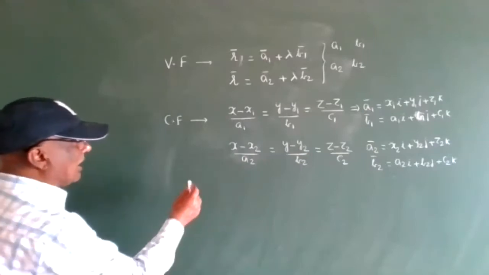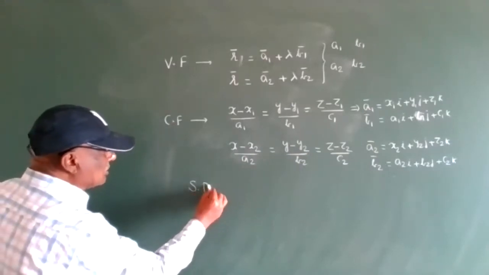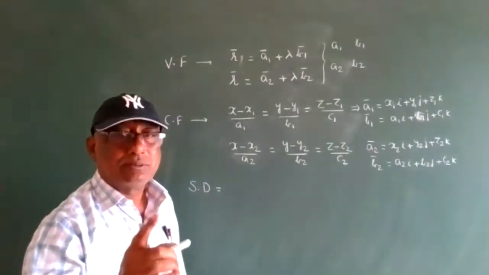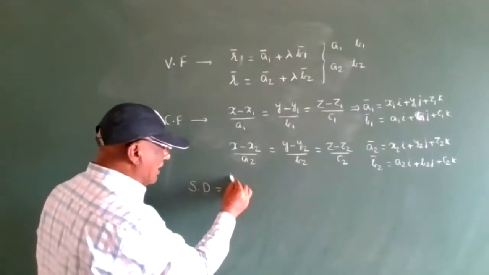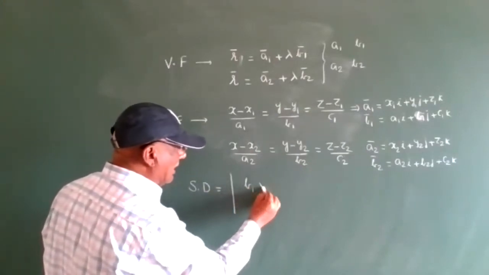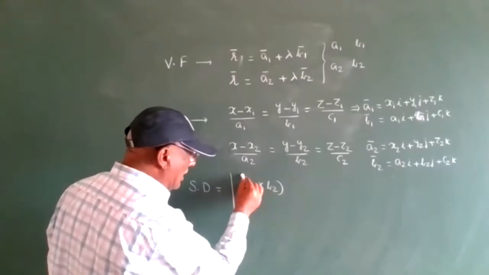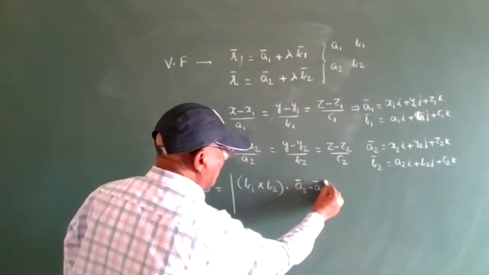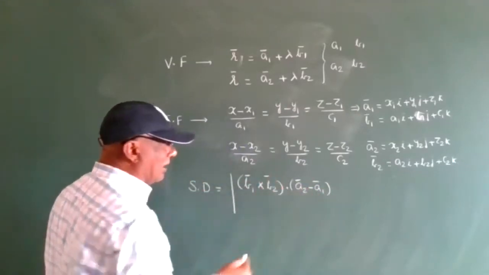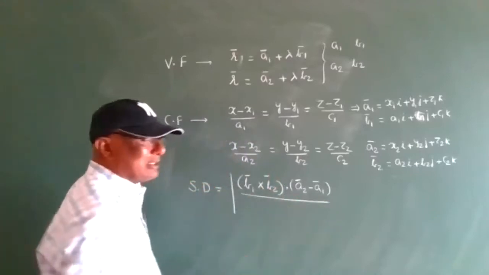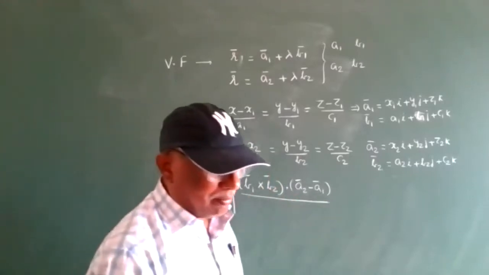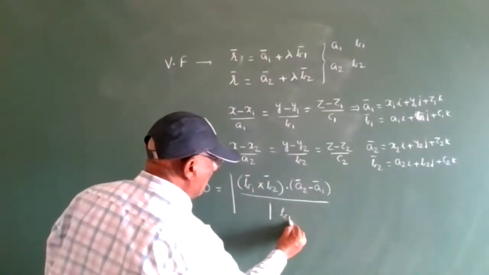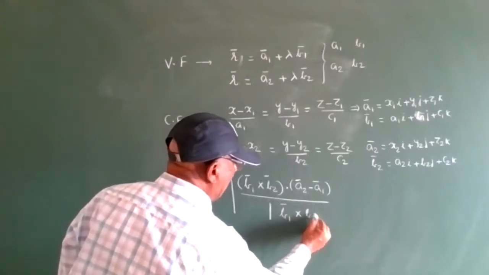So now, what is the shortest distance? The shortest distance formula is the modulus of (B1 bar cross B2 bar) dot (A2 bar minus A1 bar), divided by the modulus of B1 bar cross B2 bar.